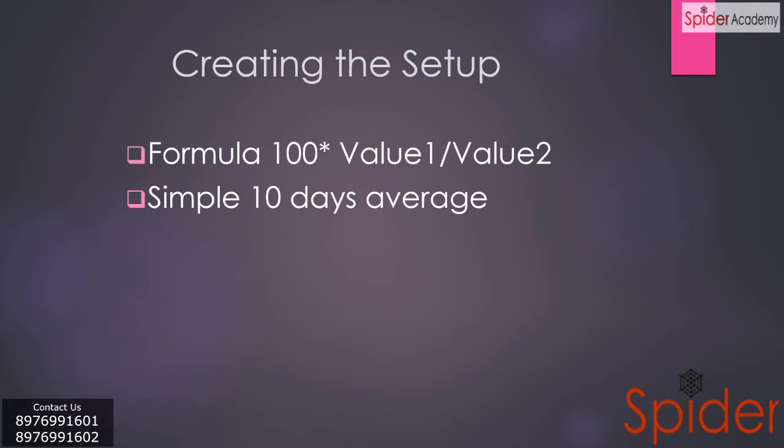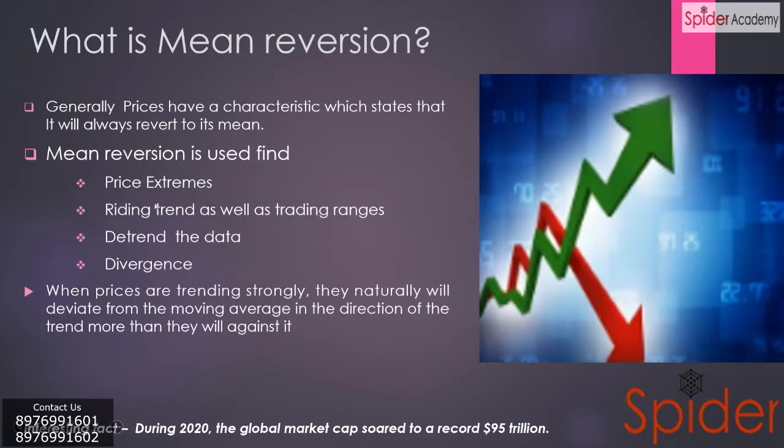So these are the only two things which we are going to use for finding all this stuff. Even by using these two things, we are also able to use price extremes. We will also try to ride the trends. We will also try to detrend the data, and we will also try to find out divergence, which is probably going to work very well then.